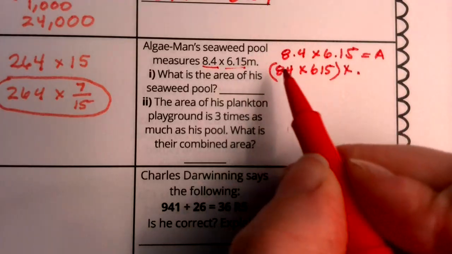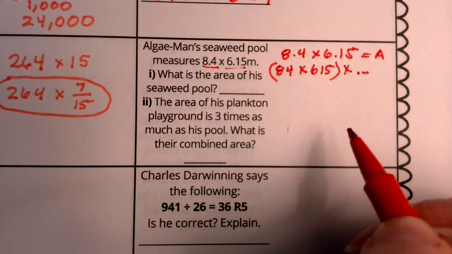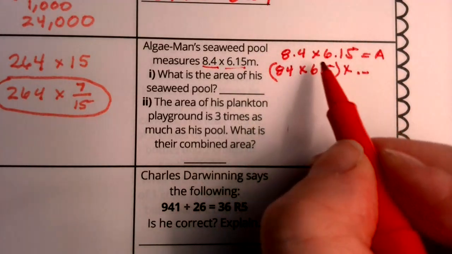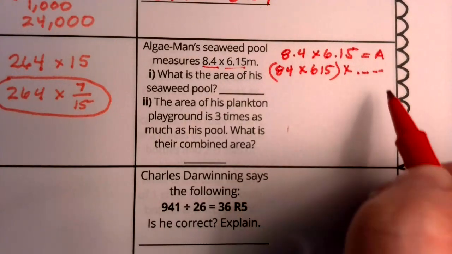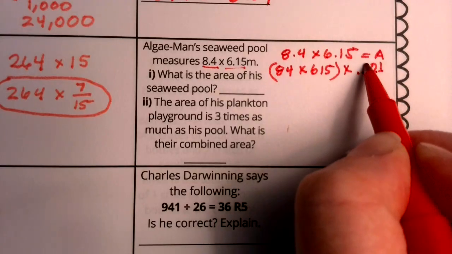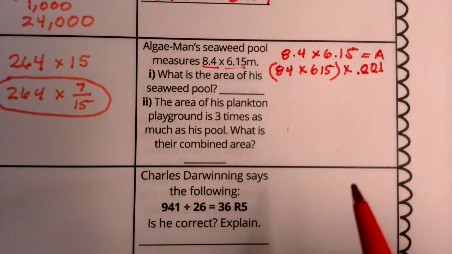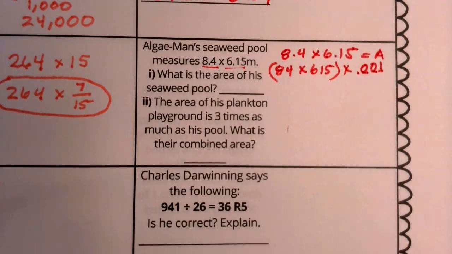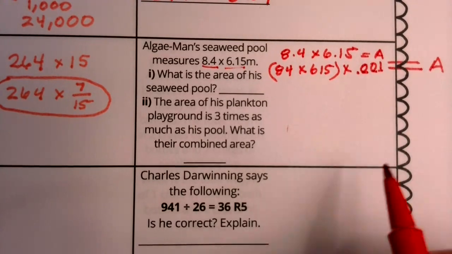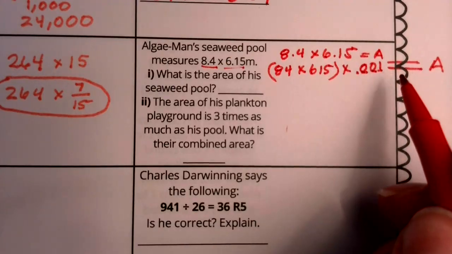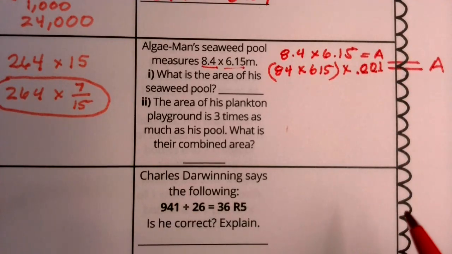Now, for the 84, we have to have one decimal position, a tenth. And for the 6 and 15 hundredths, we have to have 2 decimal positions. So that means that we're really going to multiply it by 1,000th after we get our product, right? We know that to be true, and that is going to give us the area. I had to do a big equal sign to go through that stylish surround.